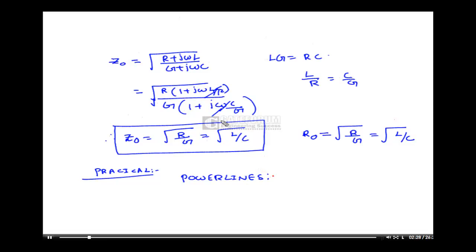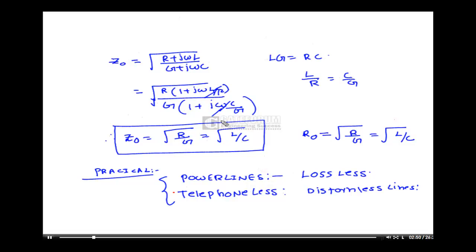Power lines need to be lossless. Okay, telephone lines, if you consider telephone lines, they must be distortionless lines. So, we have to take these two things into account.